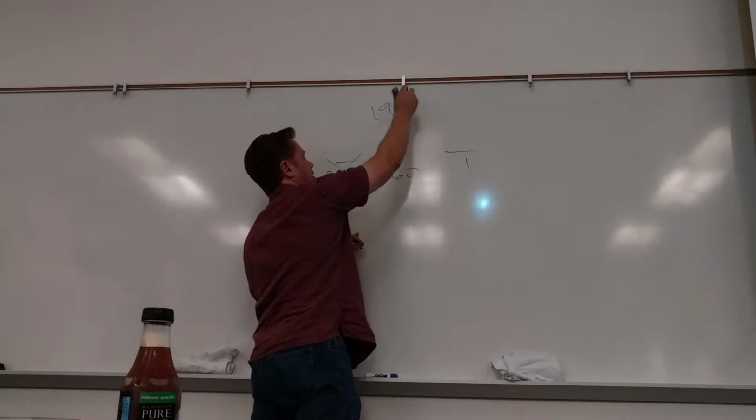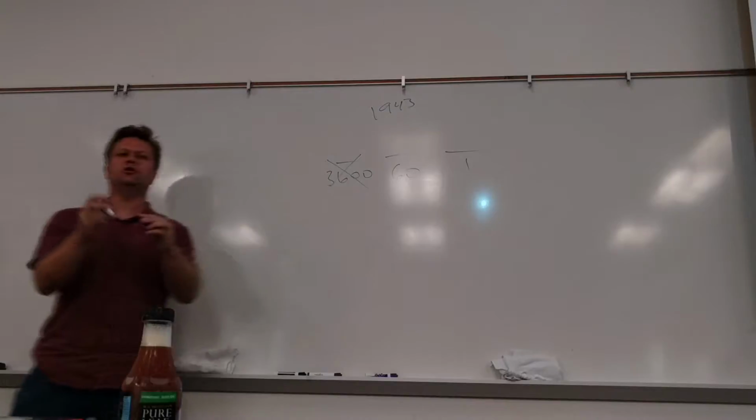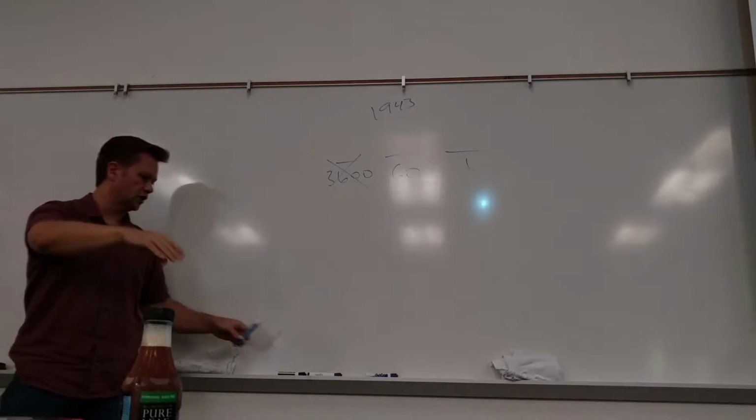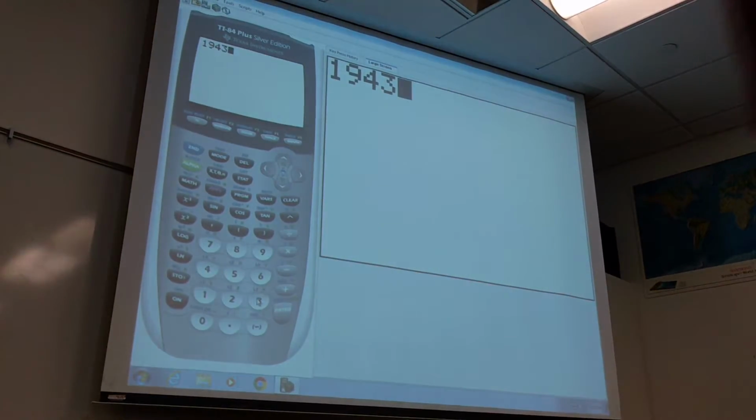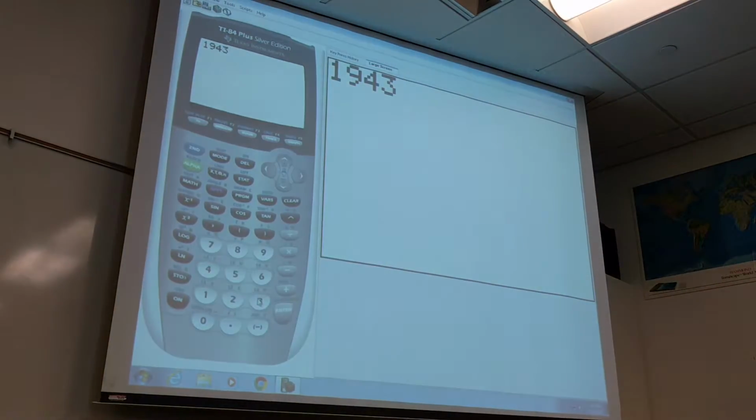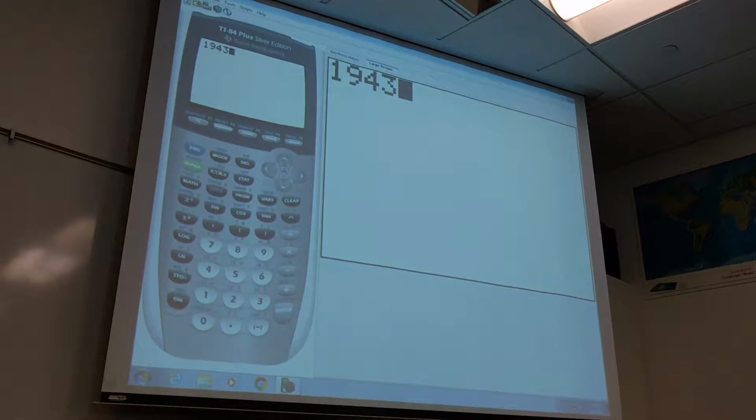So I can divide 1943 by 60, but let me just show you this, and you can tell me if this is your question. If you do 1943 divided by 60, you get something that it would be nice if it was useful.